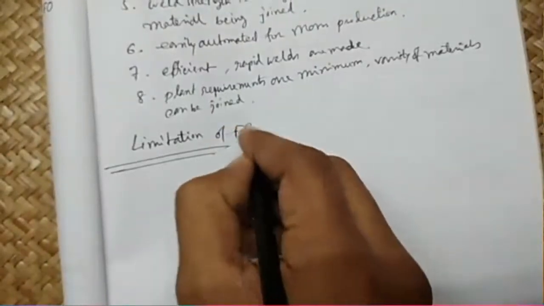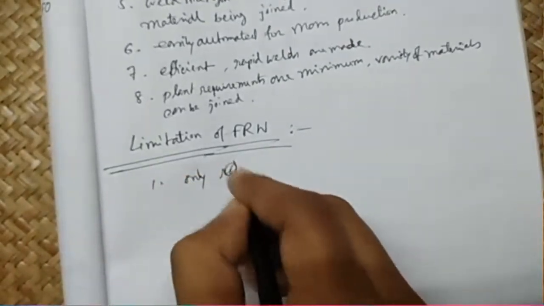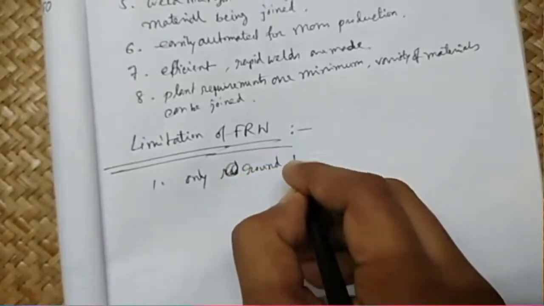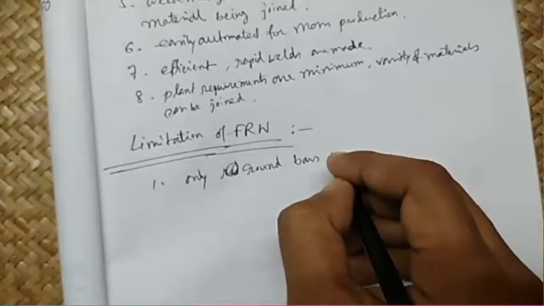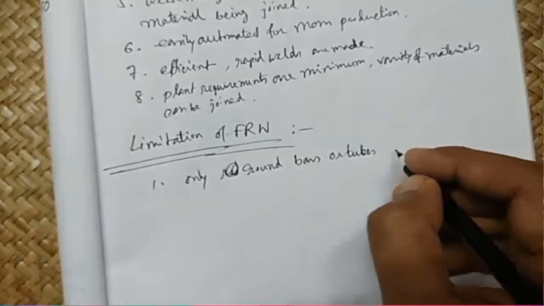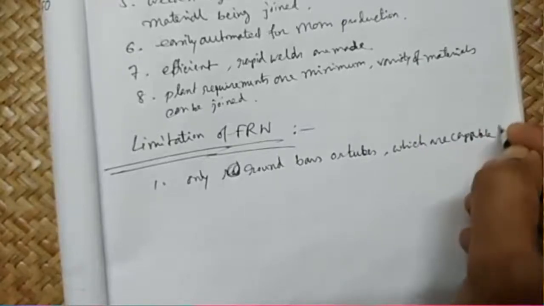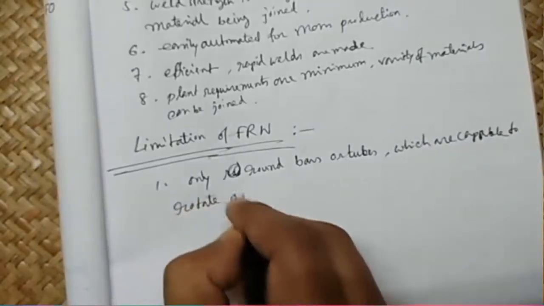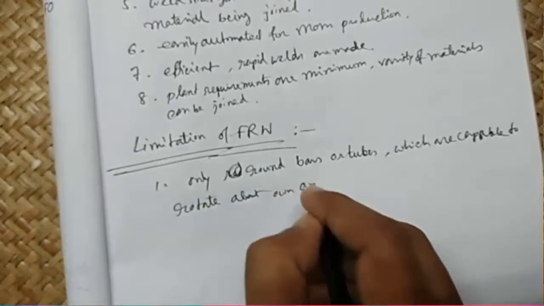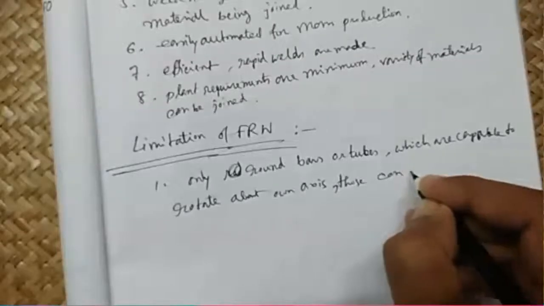Limitations of friction welding: number one, only round bars or tubes which are capable of rotating about their own axis can be joined.